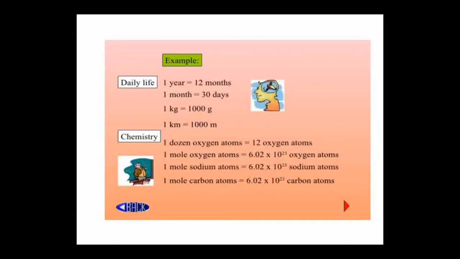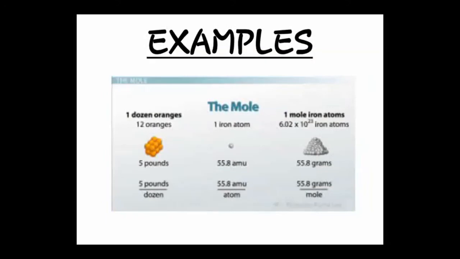Here are some other examples. For example, 1 dozen oranges means 12 oranges. Maybe their weight is 5 pounds. It means 5 pounds per dozen. Same is the case that 1 iron atom has a weight of 55.8 AMU.